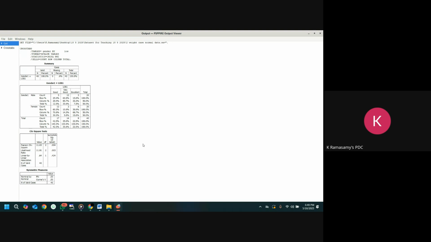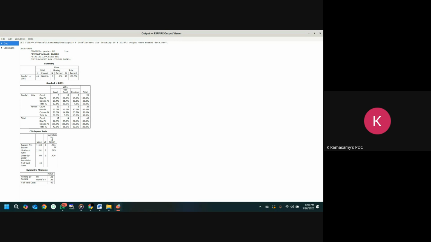Whatever p-value you received as a result of your PSPP analysis, if this p-value is less than 0.05, please remember, please understand, please write, take it down. If the calculated p-value is less than the standard, international standard value of 0.05, then the null hypothesis is rejected.